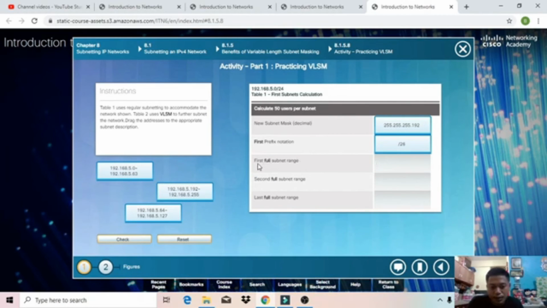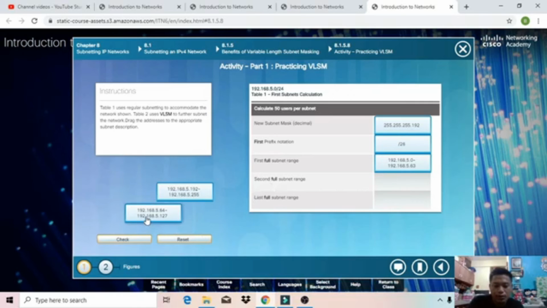The first full subnet range, I think this is 192.168.5.0 to 192.168.5.63. The fourth is the second full subnet range.